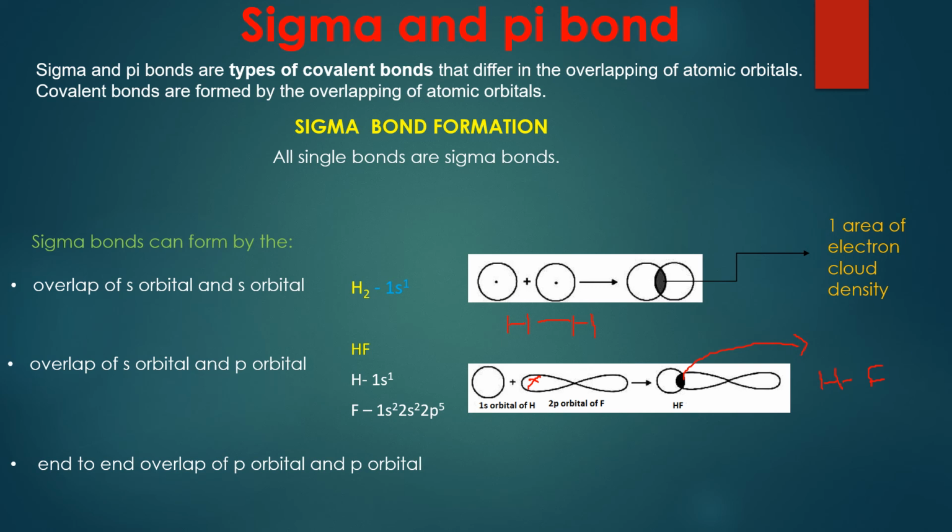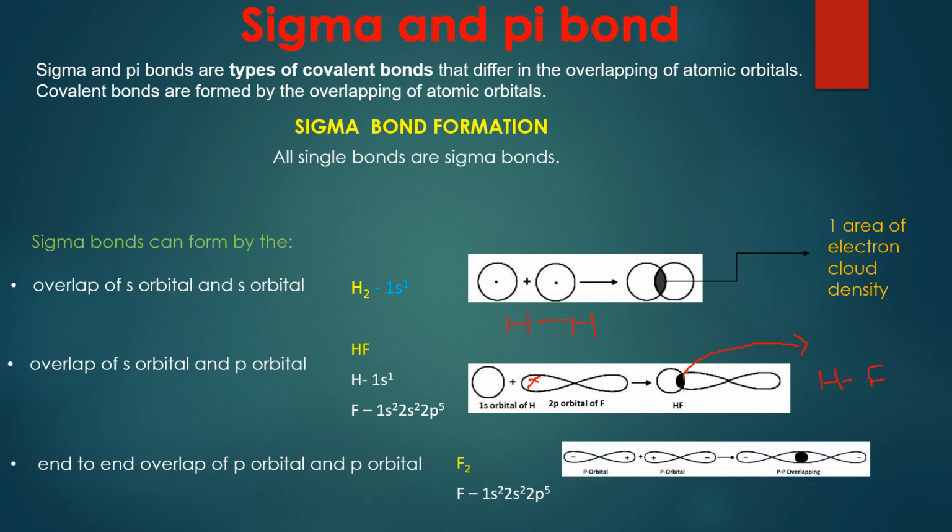And lastly, the other way in which a sigma bond can form is when p orbitals overlap each other. Example, fluorine. In a fluorine molecule, the electrons that have to be shared are residing in the p orbital. So when that happens, the two p orbitals come along the x-axis.